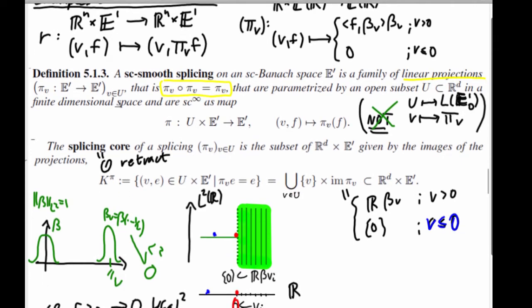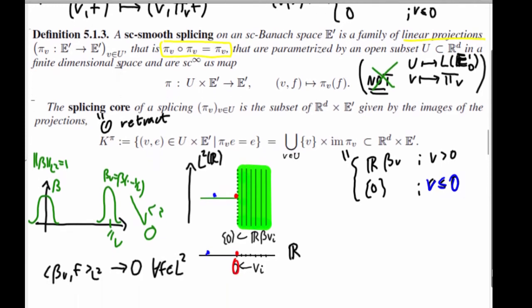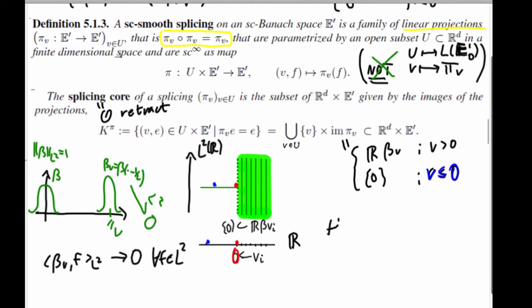You can actually send things to infinity, and they weakly converge to 0. Homework: figure out what actually is the tangent space here at the point (0, 0) to my splicing. In particular, is it 1 or 2-dimensional?